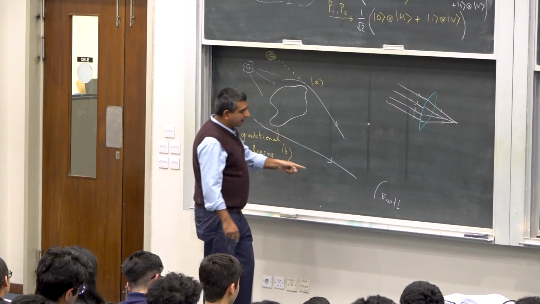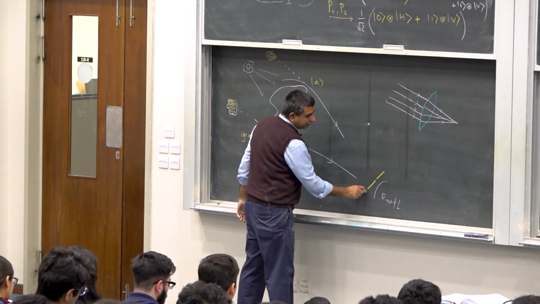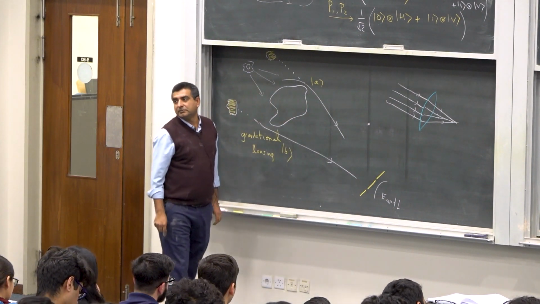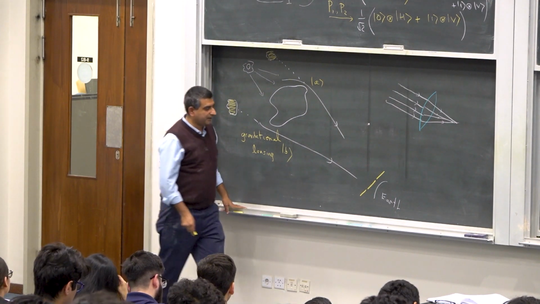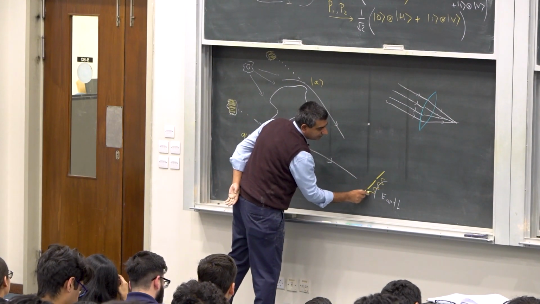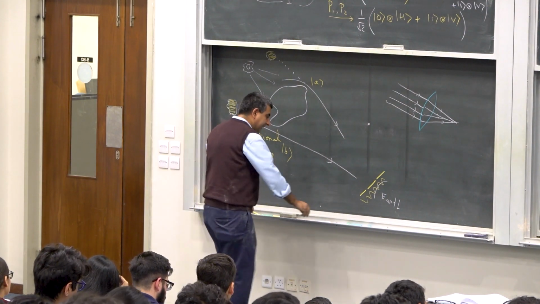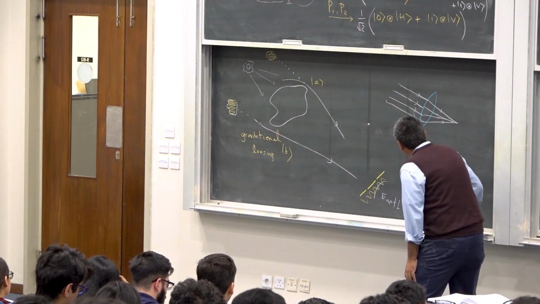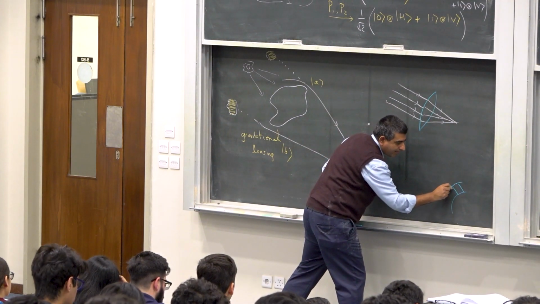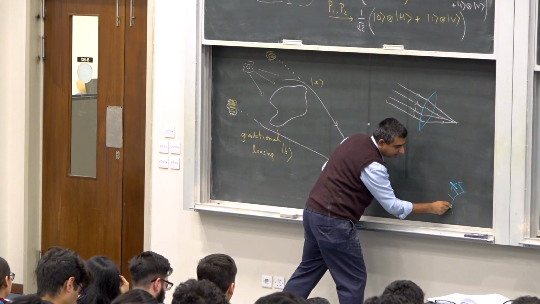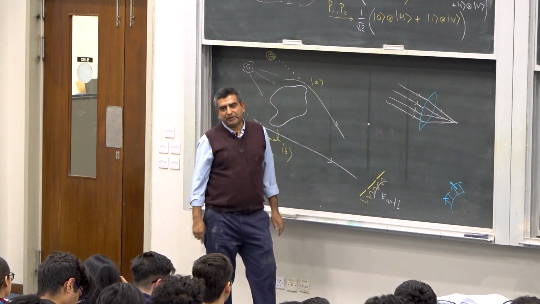So here you could do two kinds of experiments. You could put a screen with two slits, and if you put a screen with two slits and just single photons coming in, you would see an interference pattern. And if you had two telescopes, so if the arrangement were like this, this is our Earth, and you had two telescopes, one telescope pointing up, the other pointing in a slightly different orientation, then you would never see interference.